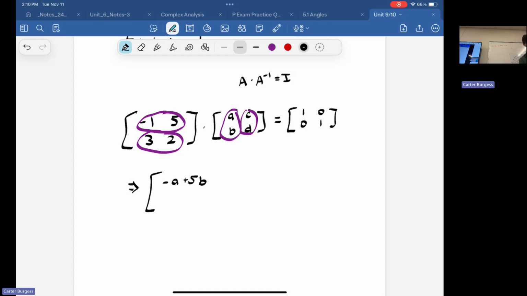What would our row 2, column 1 entry look like? That would be row 1, column 2, but we can do that. -c plus 5d. Yep. What would row 2, column 1 be? Yep. Very nice. And then row 2, column 2.